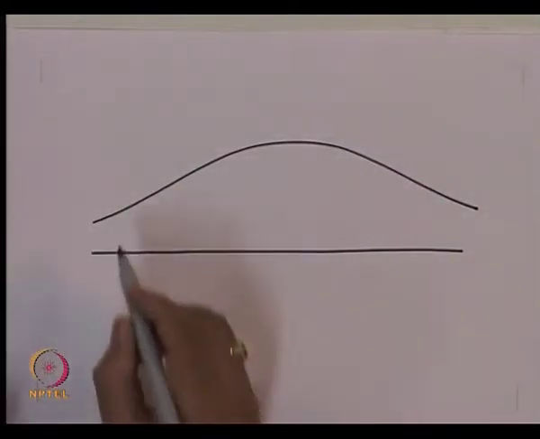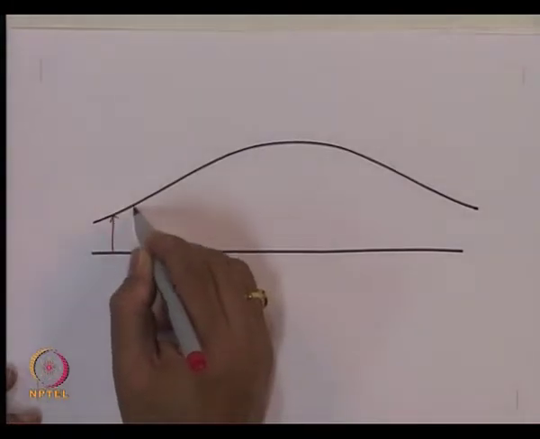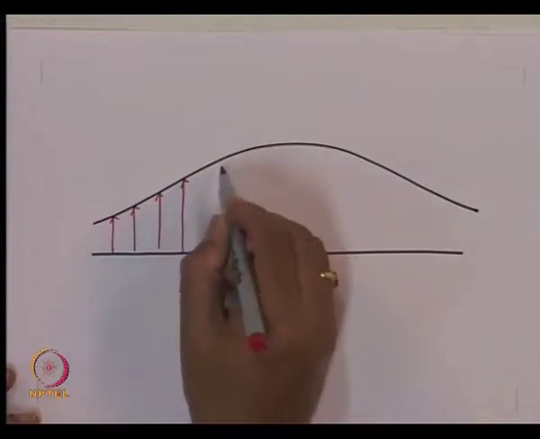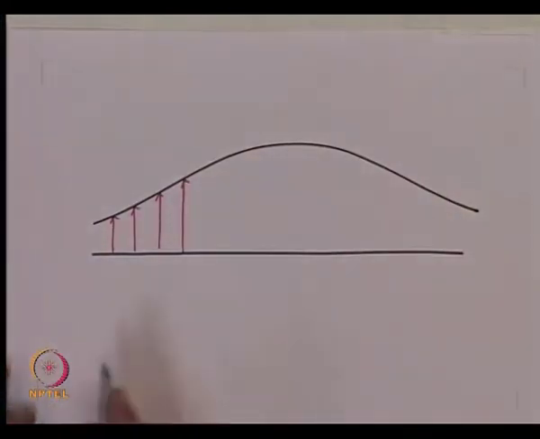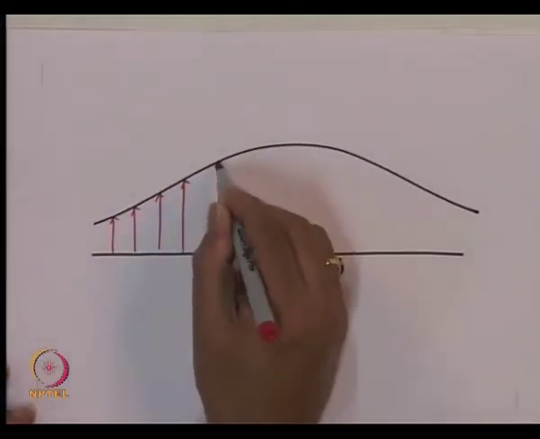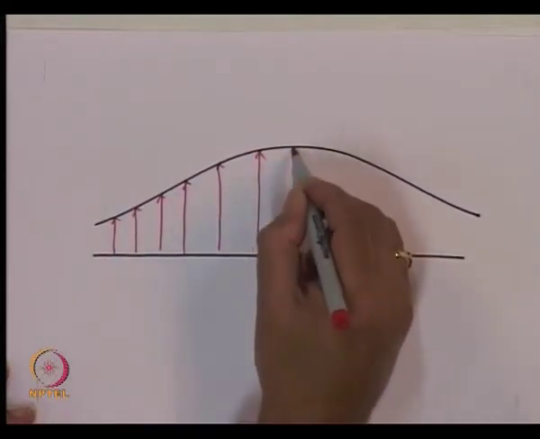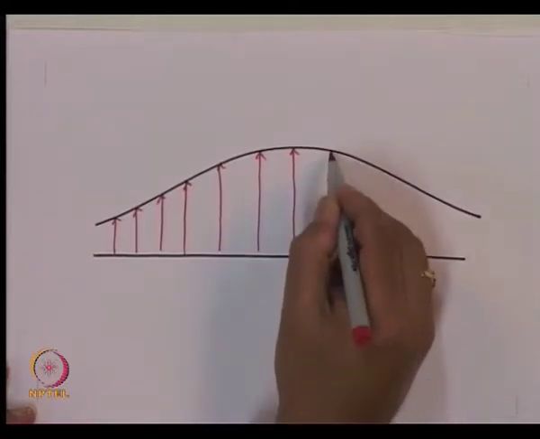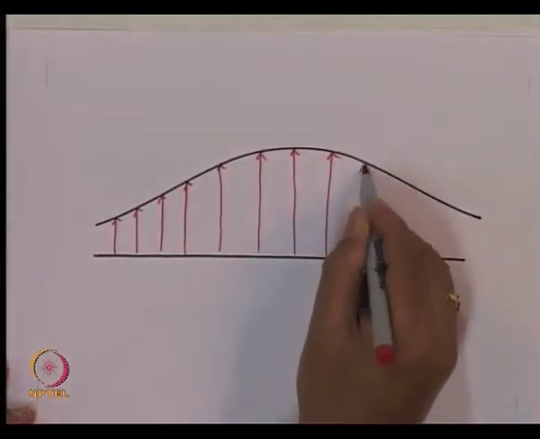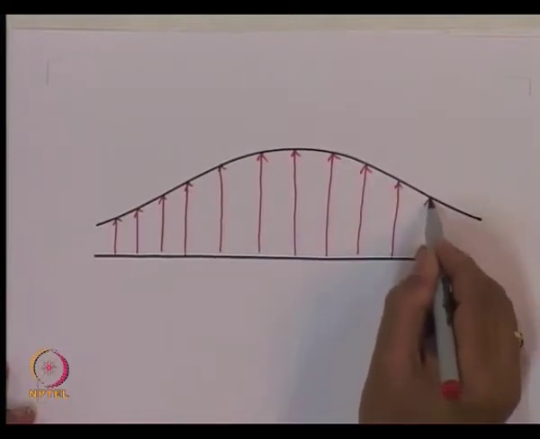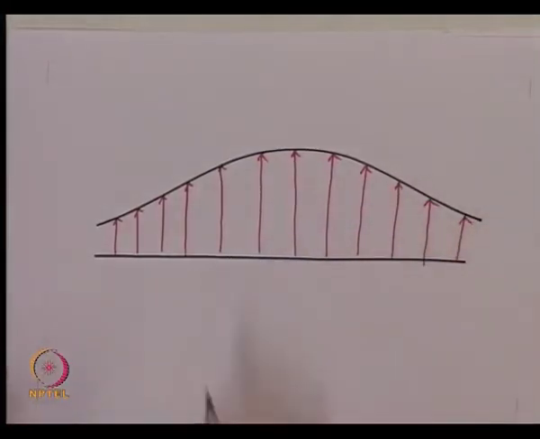So, this can be visualized as if I am transmitting multiple carriers simultaneously, all up to this. Each carrier is modulated by your modulating signal FM, and all the carriers are simultaneously transmitted with that modulation.